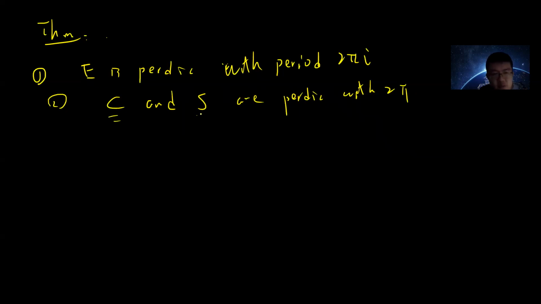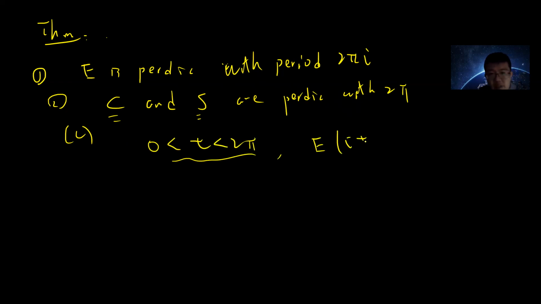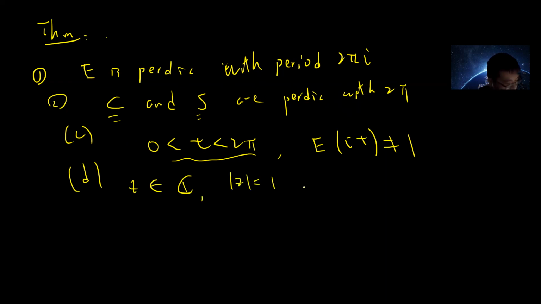Because now I define cosine and sine with this exponential, all coming from the power series. And the third is that if t belongs to this region, then e of it will be non-1. And also the fourth, pick a complex number whose modulus is 1.